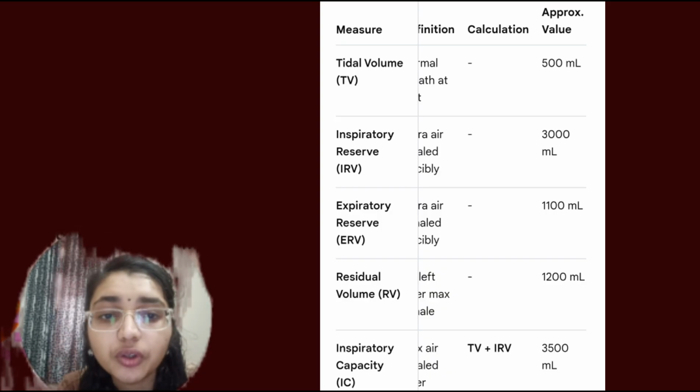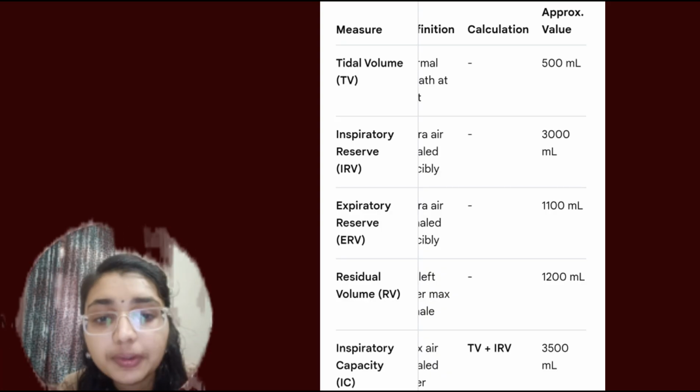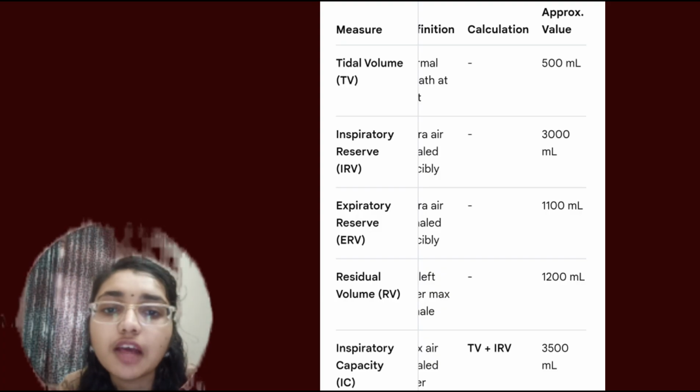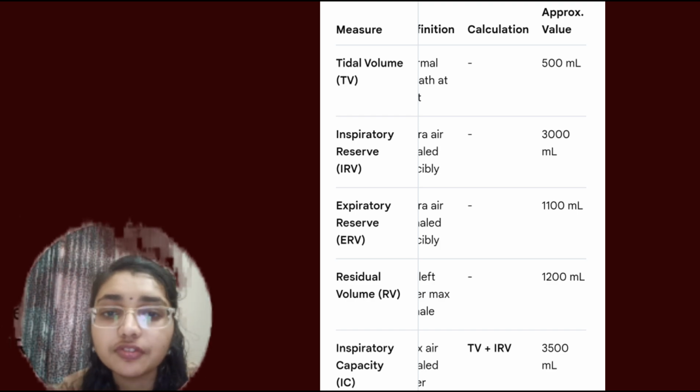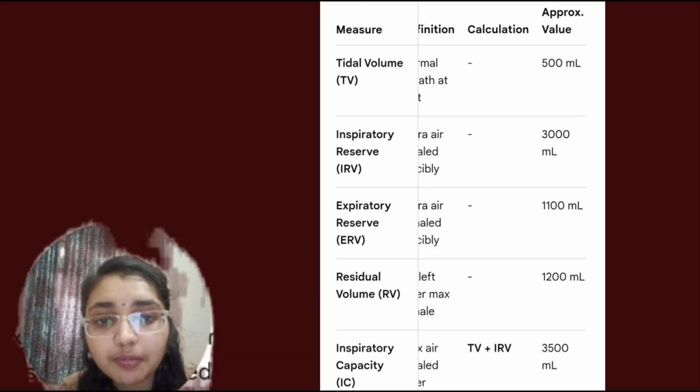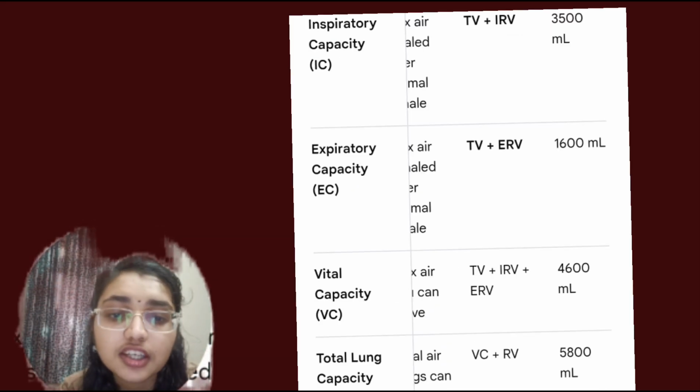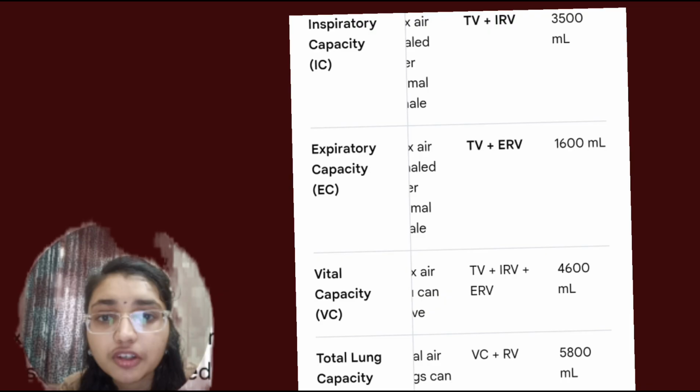Inspiratory reserve volume has a value of 3000 ml. Expiratory reserve volume has a value of 1100 ml, and residual volume has a value of 1200 ml. Whereas inspiratory capacity has a value of 3500 ml, and expiratory capacity has a value of 1600 ml. So you must be thorough with these.